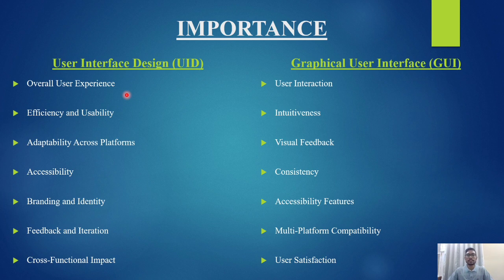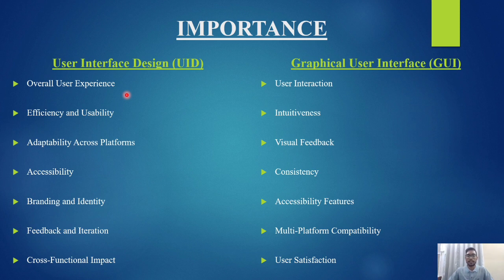Fourth importance is accessibility. UI design places a strong emphasis on accessibility, making the software usable by individuals with disability and complying with legal standards. Fifth is branding and identity. UI design plays an important role in conveying a brand's identity and message through visual elements, contributing to brand recognition.